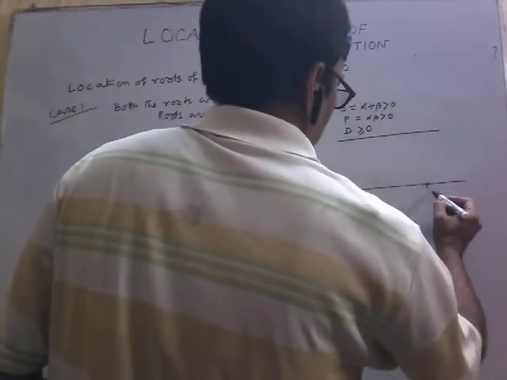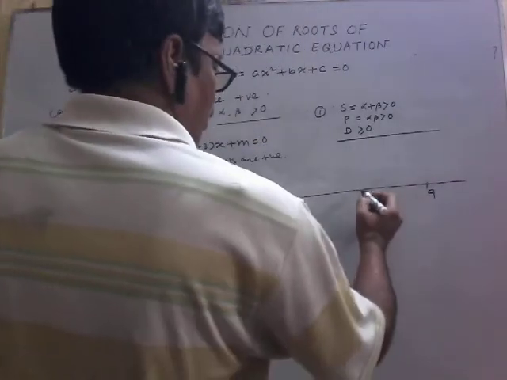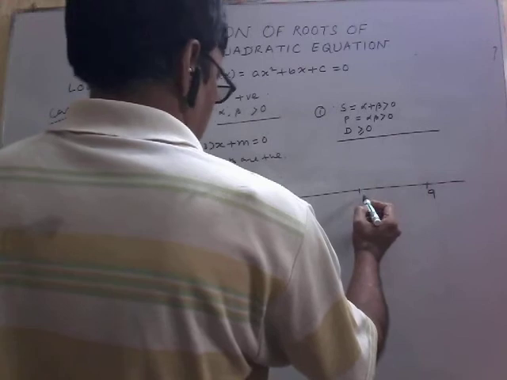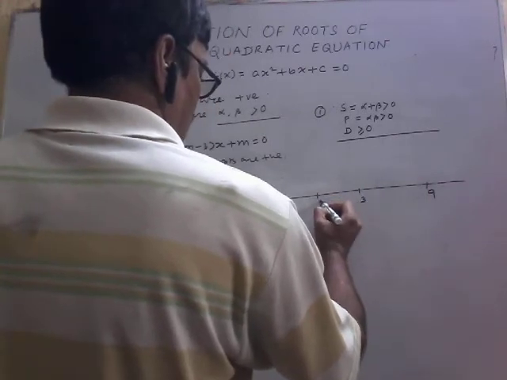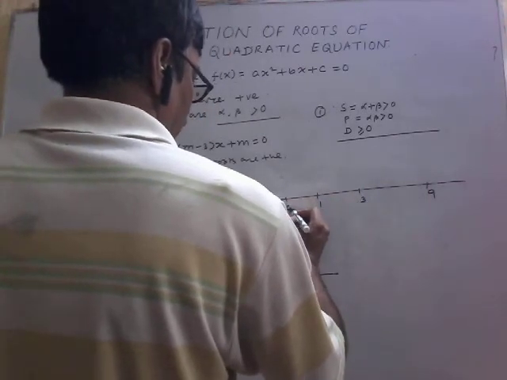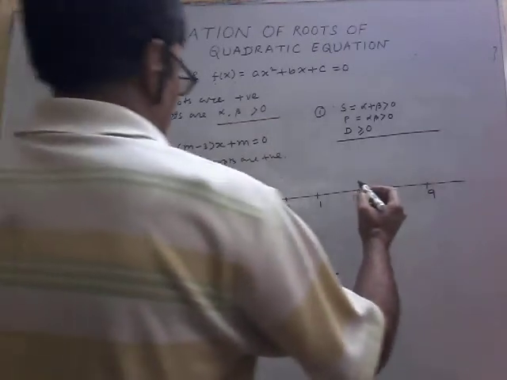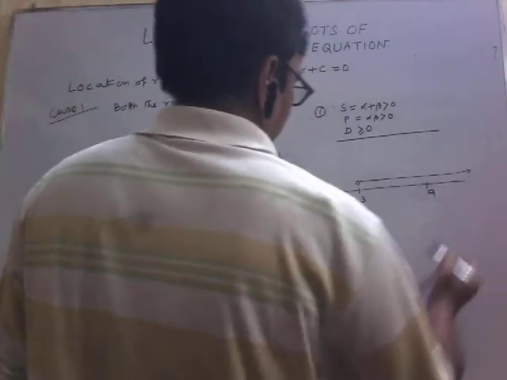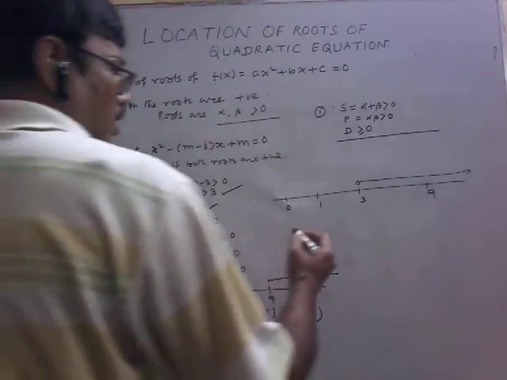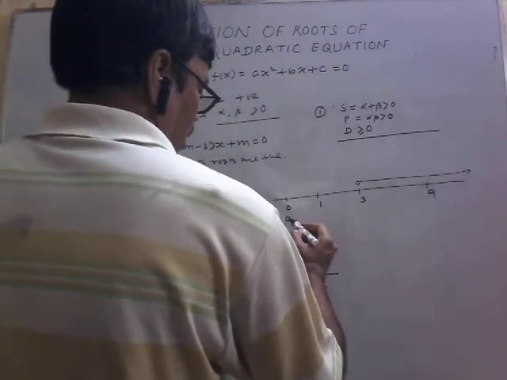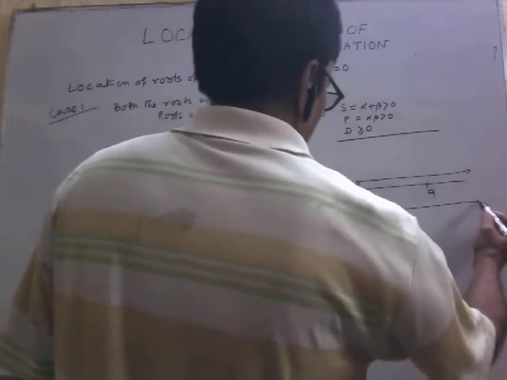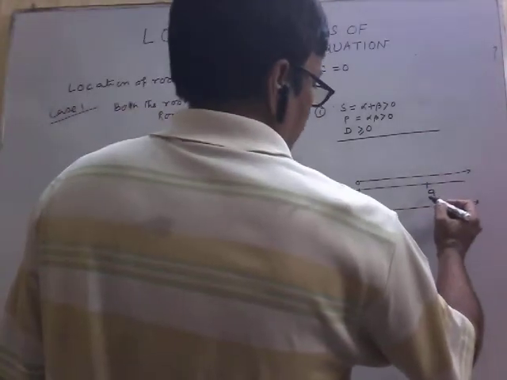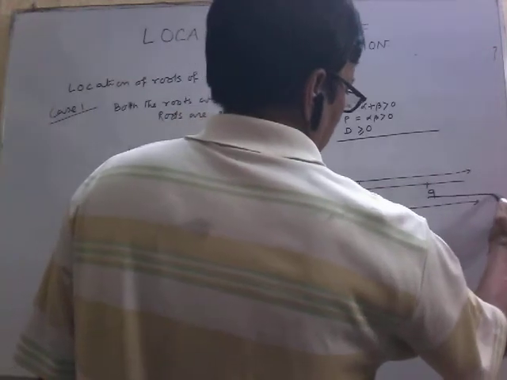So draw the figure. This is 9, this is 1 and this is suppose 3 and this is 1, this is 0. So m greater than 3. So figure will be like that. m greater than 0. Figure will be like that. And m greater than 9 to infinity, so this one.